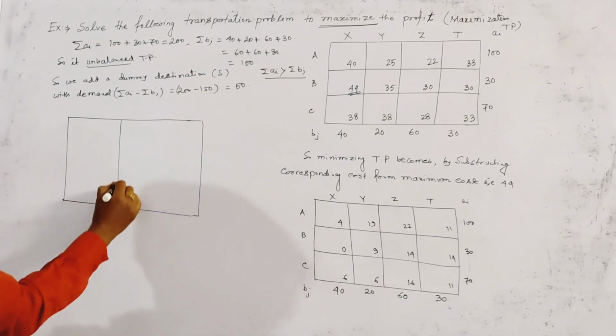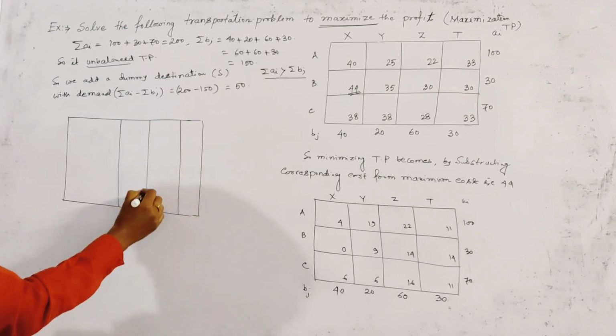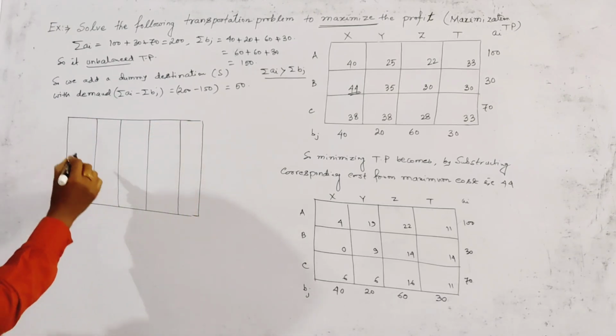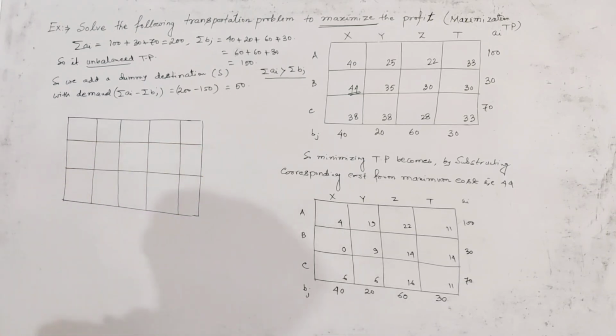This has 5 columns, and the rows are again 3.